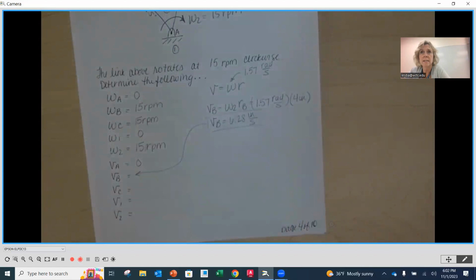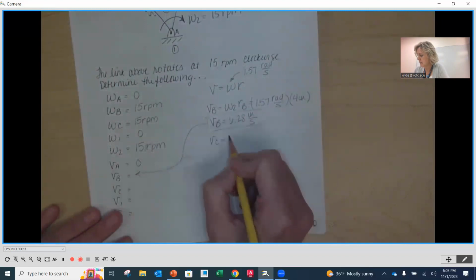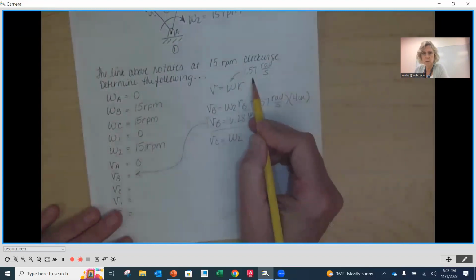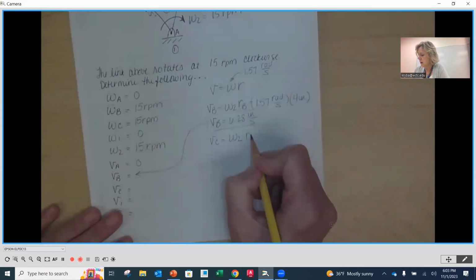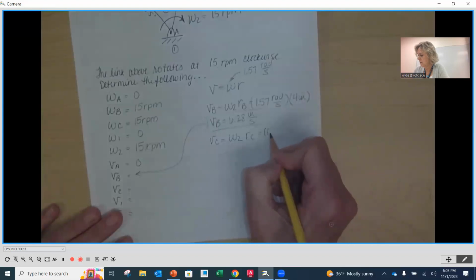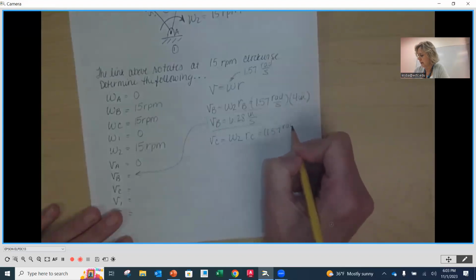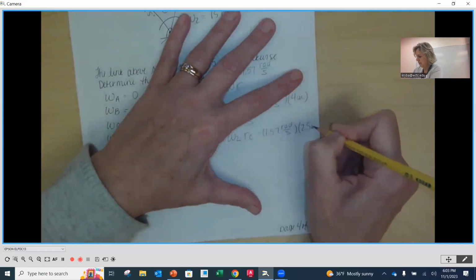Then it's the very same process, except a different radius for C. So velocity of C this time is going to be that same W2, the 1.57 radians per second, times R2, the radius to point C. So 1.57 radians per second times 2.5 inches.